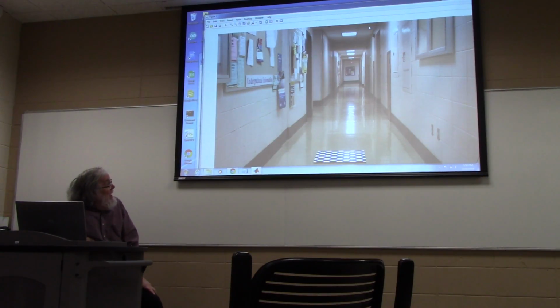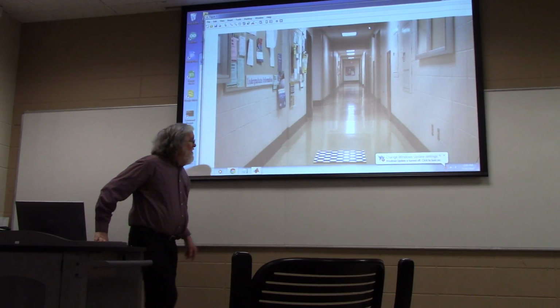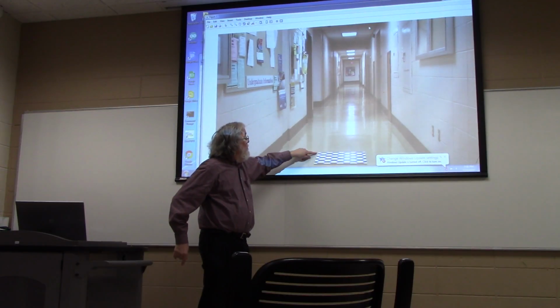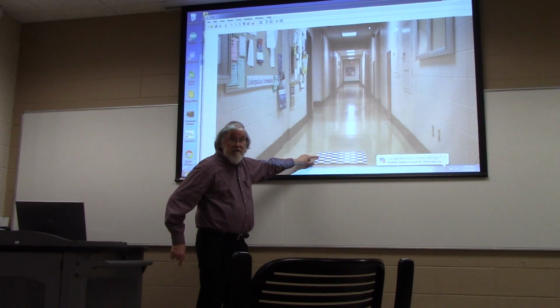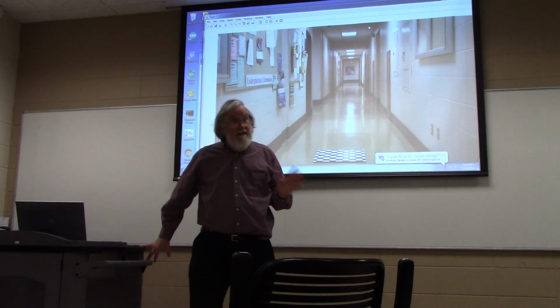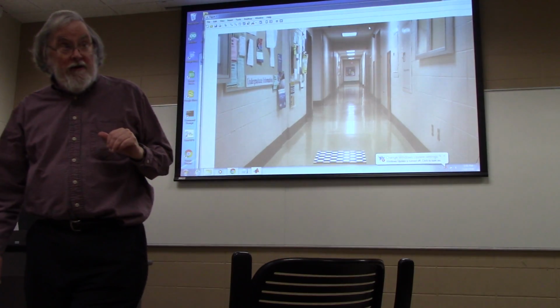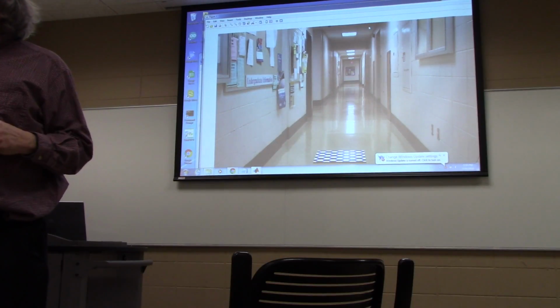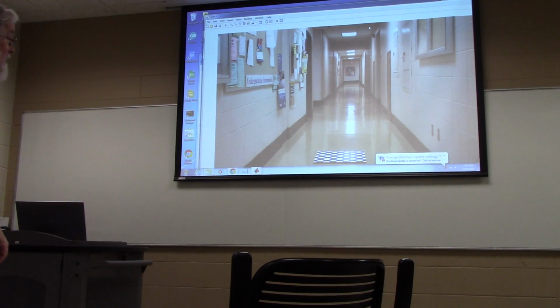Now, I don't know how carefully we laid out the checkerboard in the hallway, but looking at it here, it looks pretty parallel to the tiles, so I think the checkerboard is pretty parallel to the hallway walls. That would have been my guess. Now, is the camera perpendicular to the checkerboard? Not exactly.